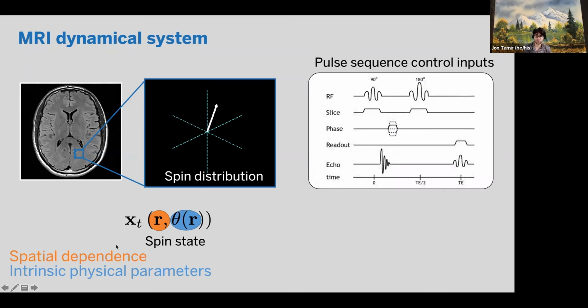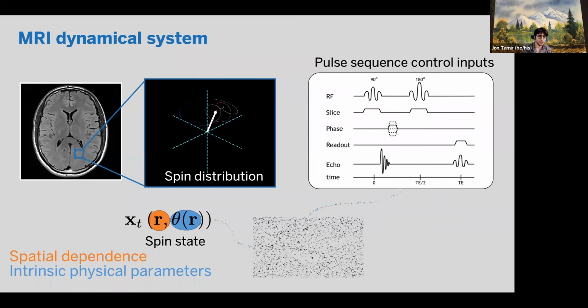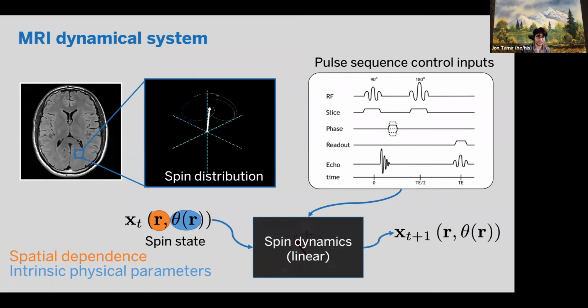Now we have control over the pulse sequence. We decide what kind of acquisition to perform, and that's going to perturb the spin distribution and cause it to evolve. And so long as we know the spin dynamics, we can track how the spin will evolve over time. And we can carefully design these in order to get a particular type of image contrast.